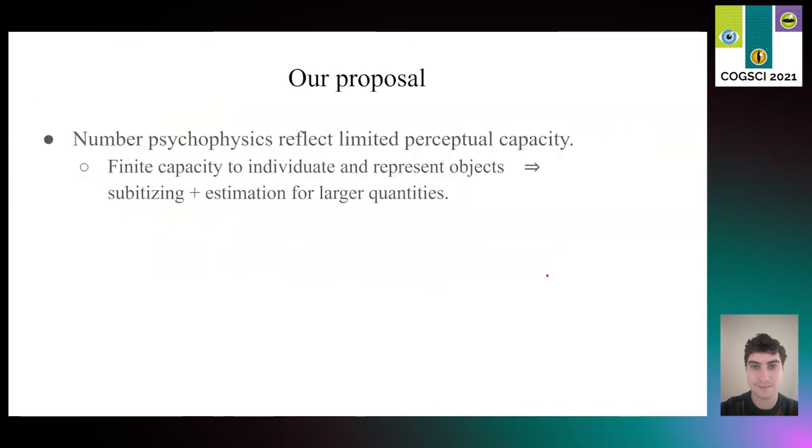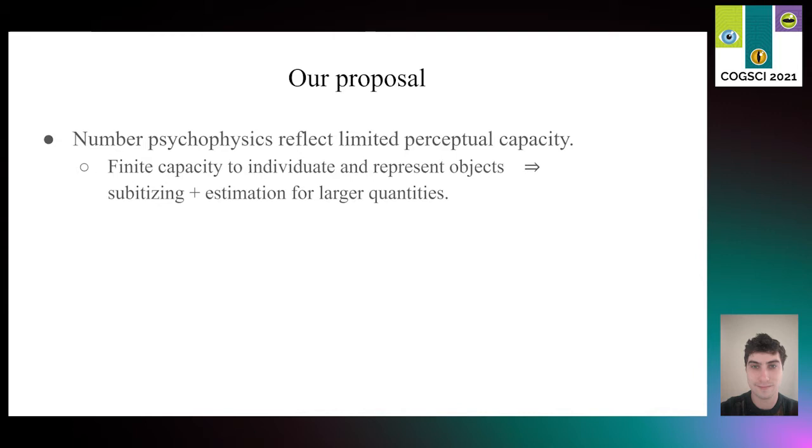A problem with this view is that it's somewhat post hoc. So the basis for this project is trying to see if we can understand number psychophysics by modeling perceptual limitations.